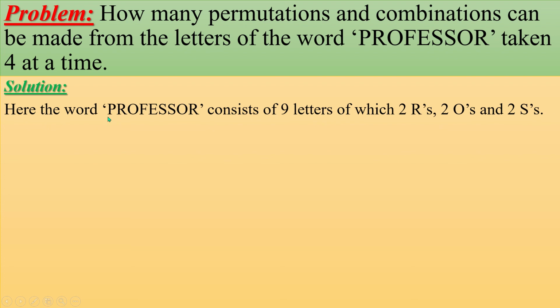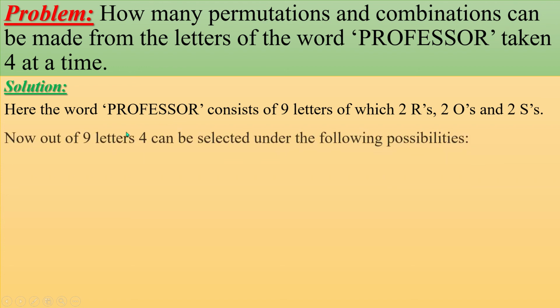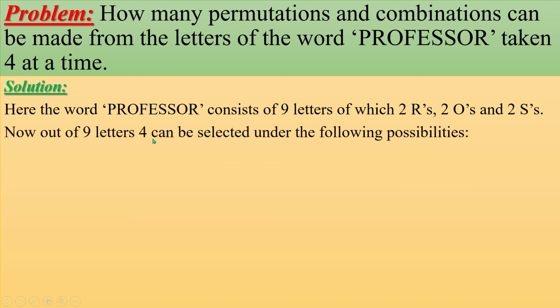That means here R repeats 2 times, this and this, O repeats 2 times, this and this, and S repeats 2 times, that means SS. Now out of 9 letters, 4 can be selected under the following possibilities.